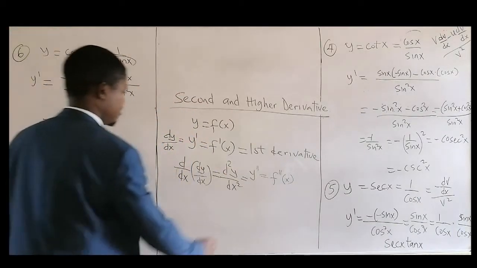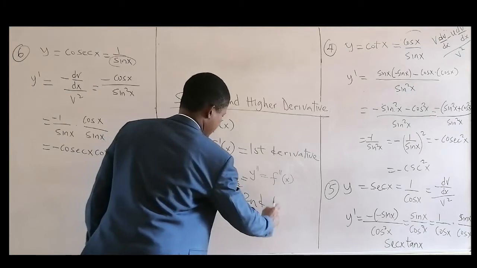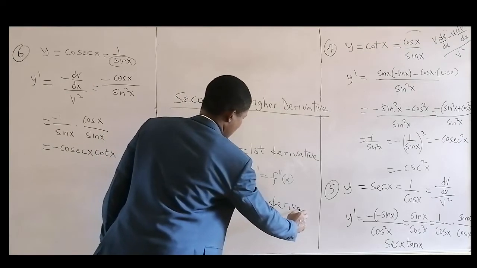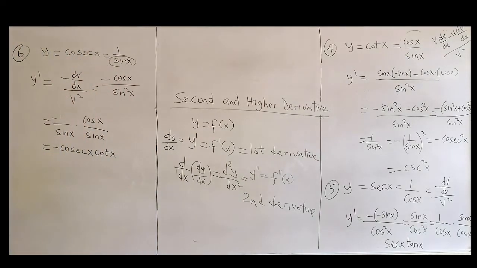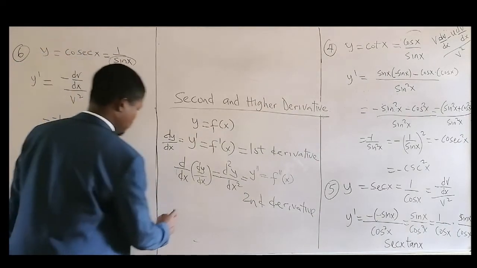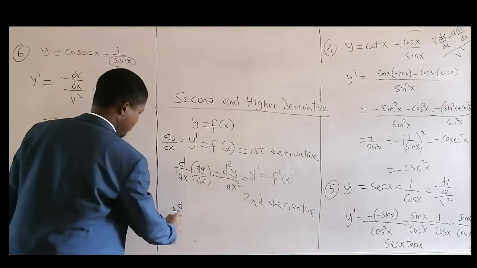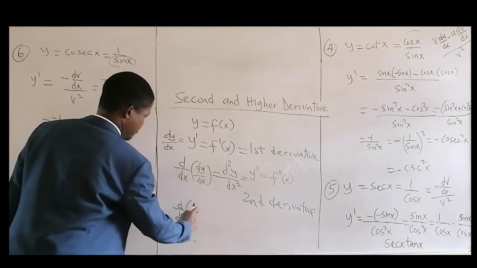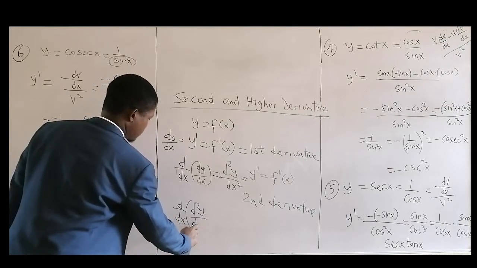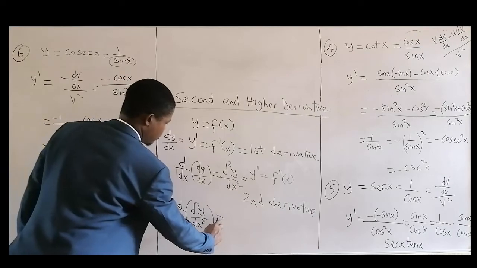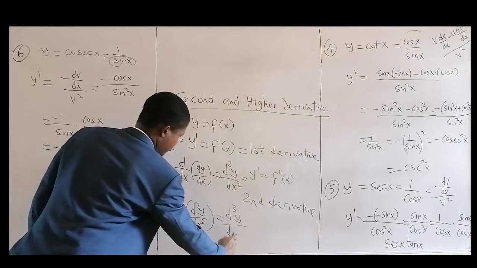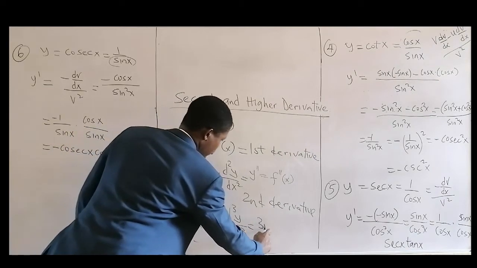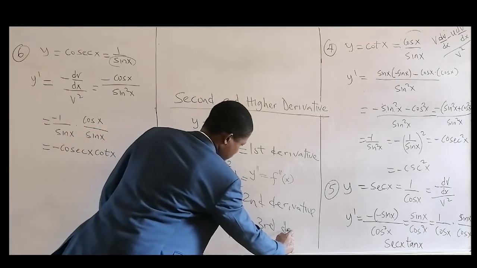This is called the second derivative, or second differential coefficient. Then the third one: you differentiate your second derivative, which gives d cubed y over dx cubed. This is called the third derivative.